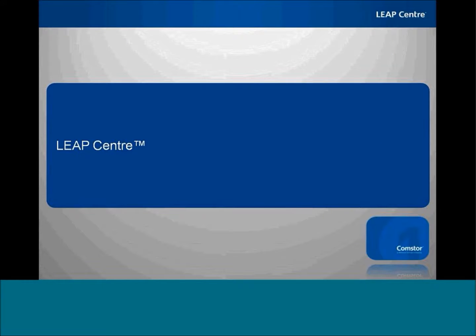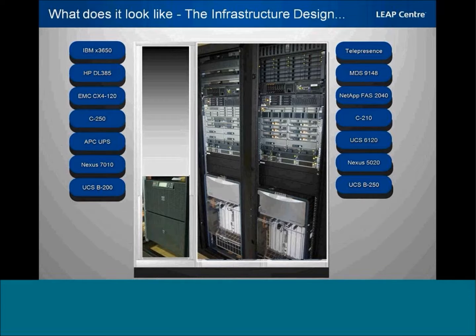This is the equipment that we have in there. You'll see we've got IBM and HP servers to do comparative tests, EMC and NetApp storage, MDS 9148, Cisco UCS C and B series servers, as well as Nexus 7000 and 5000.